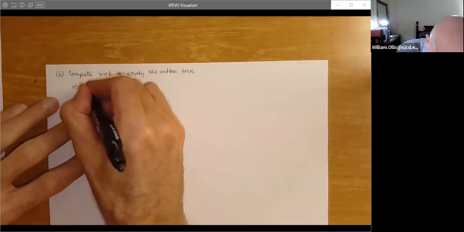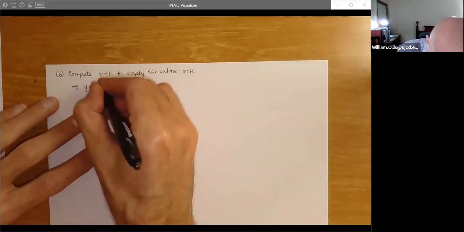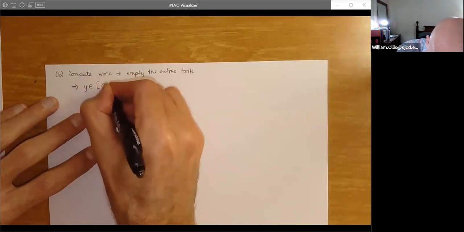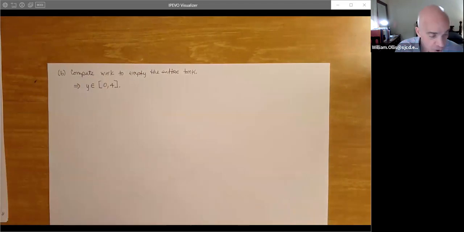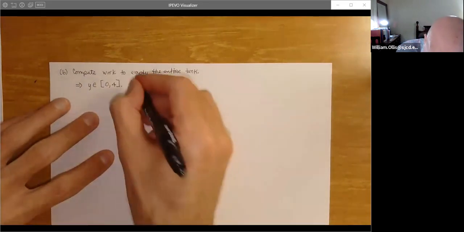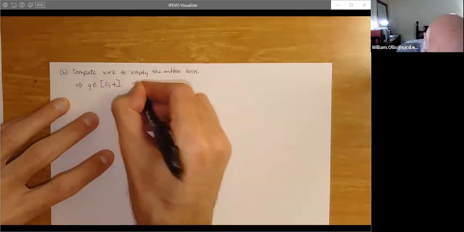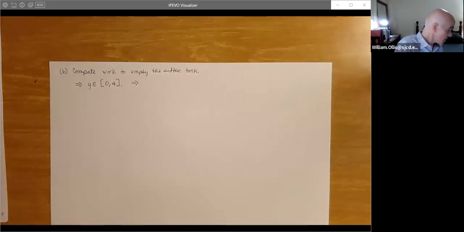The major change is right here: y lives between 0 and 4. And this is an important change. When you think about this, this is the only difference. Everything else is the same.